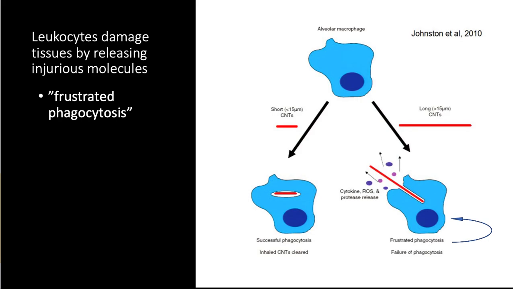Some phagocytosed substances, such as urate and silica crystals, may damage the membrane of the phagolysosome and also lead to the release of damaging contents.